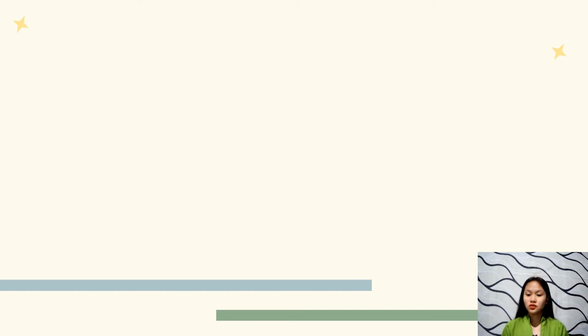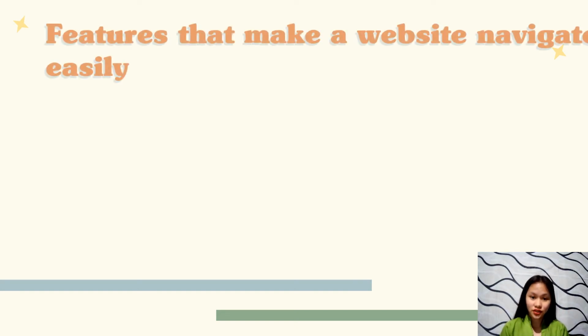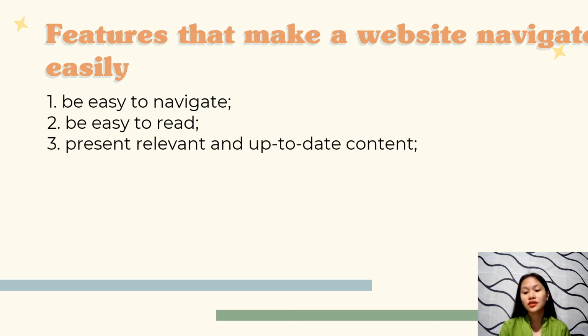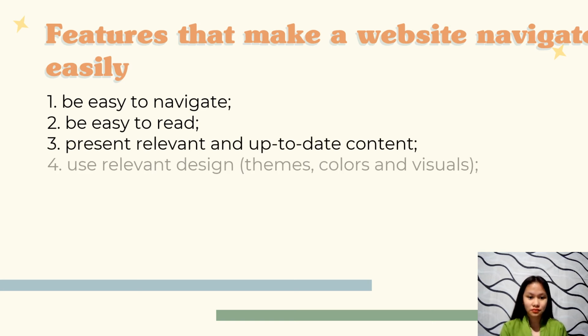So now let's move on to the features that make a website navigate easily. We have first, be easy to navigate. Next, be easy to read. Next, present relevant up-to-date content. And use relevant design such as themes, colors, and visuals.